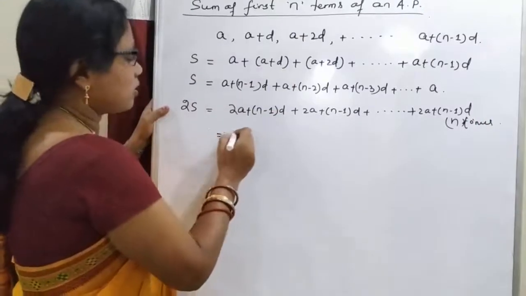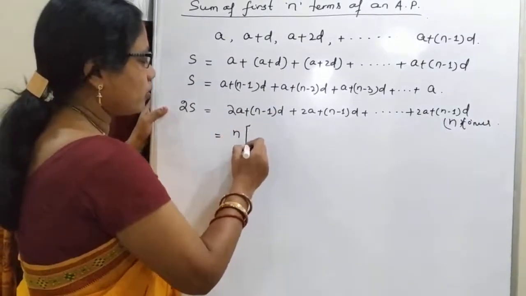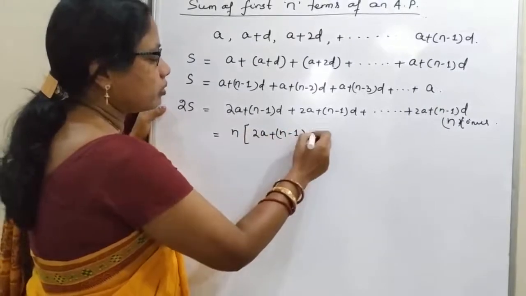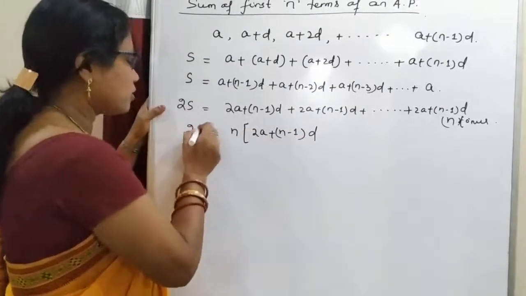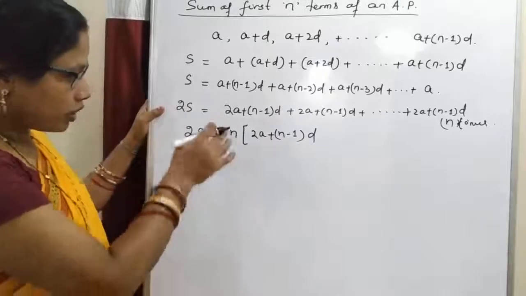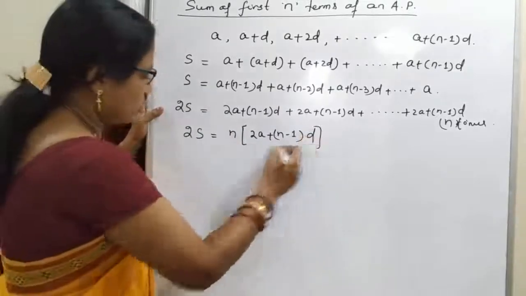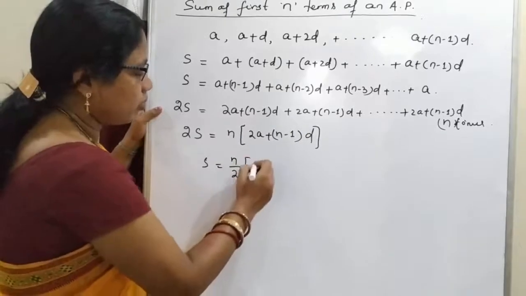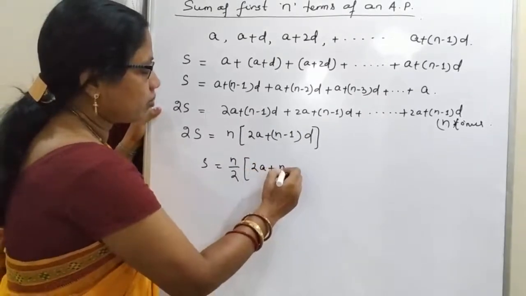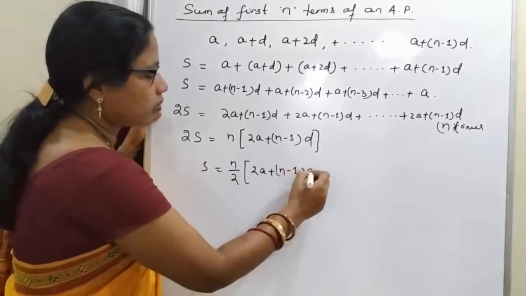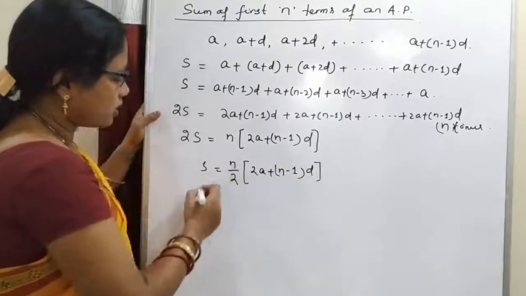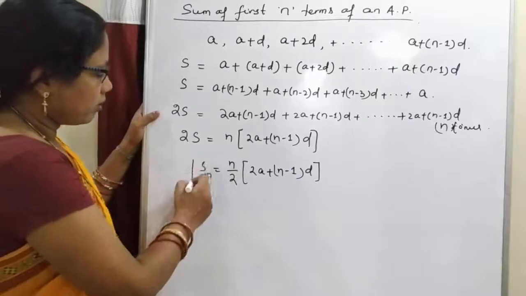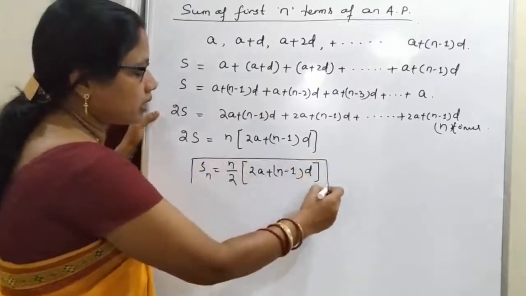So this becomes n whole into (2a plus (n minus 1) whole into d). So this is equal to 2S. But we have to find S. That is, S is equal to n by 2 whole into (2a plus (n minus 1) whole into d). So this is the formula for the sum of n terms of an AP, Sn.